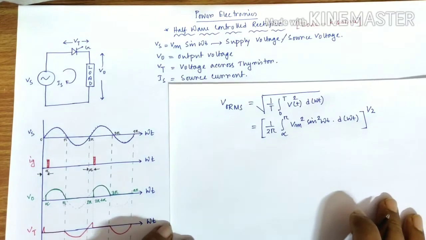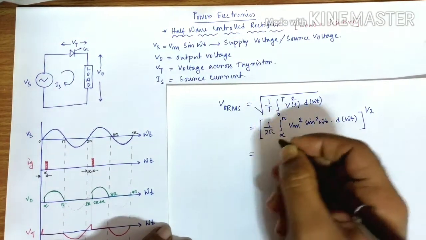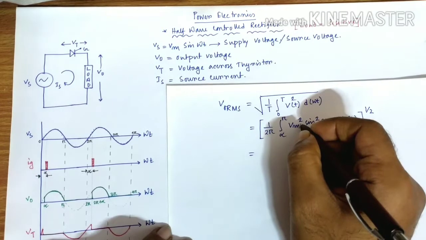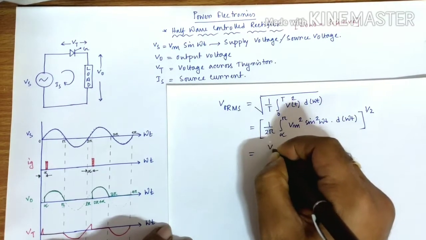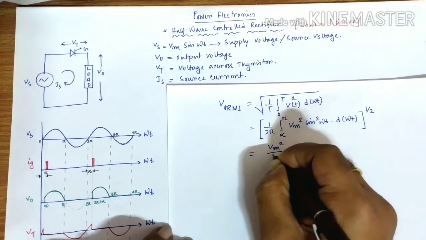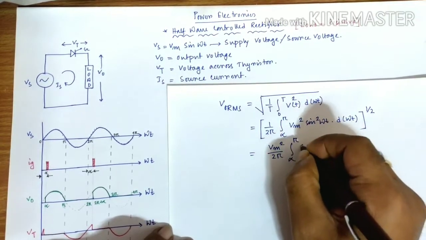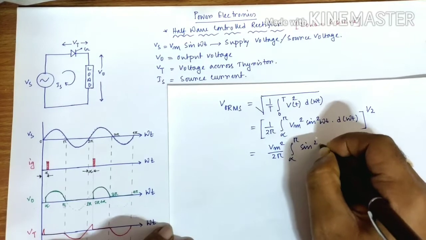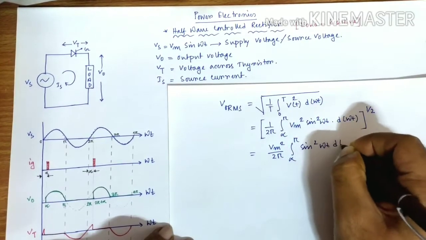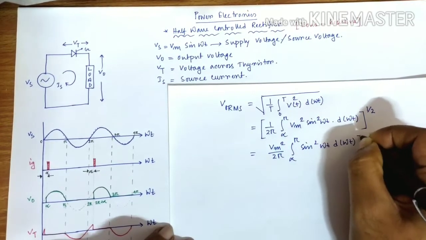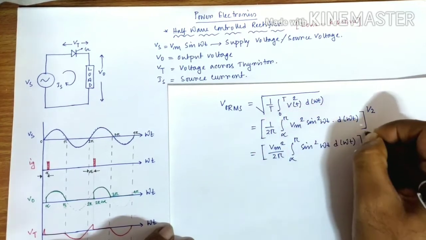So that is the value we want to find here. So do that one. Take Vm square out of this one, so it will become Vm square by 2 pi integration alpha to pi sine square omega t d of omega t to the power half.